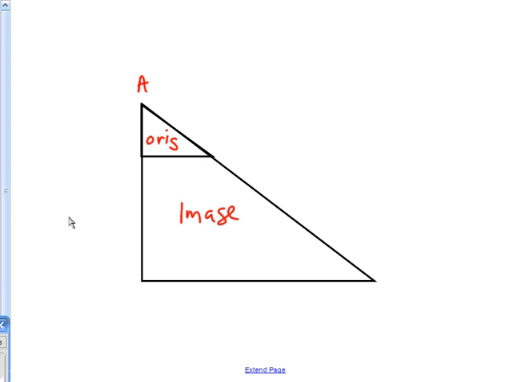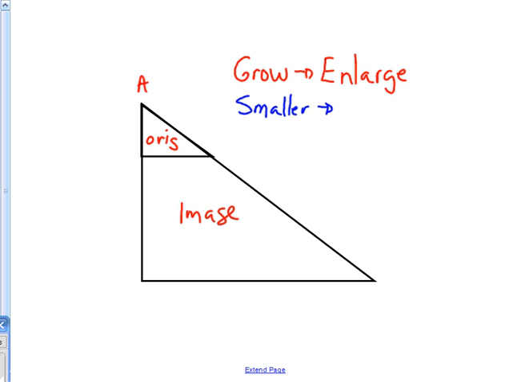Did our image get bigger or did our image get smaller? Well, definitely it got bigger. And what would a photocopier call that? You're right. If we make things grow, if we make things get bigger, we are enlarging the figure. And of course, the opposite of that would be where we would make it smaller, or what often was called a reduction.